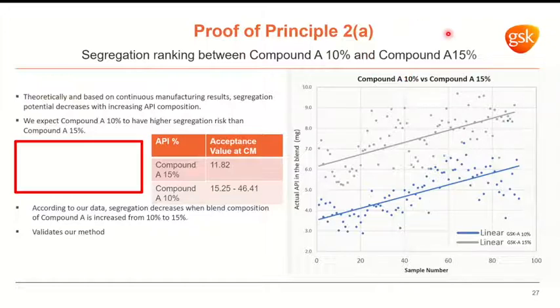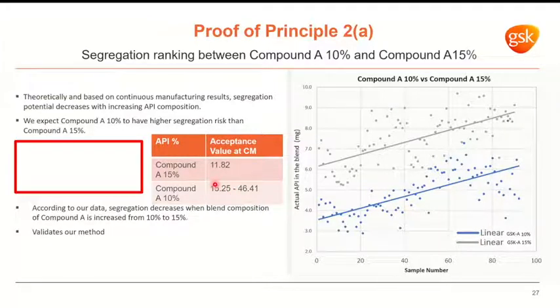What I mean by that is that compound A 15%, since it has 15% of the API in the blend, should show lower segregation risk than compound A 10%, because it is 10% API in the blend. From the continuous manufacturing, we get the same result. For the 15% of compound A, we see an AV value of 11.82, but for compound A 10%, we see it between 15.25 and 46.41, as I previously showed you.